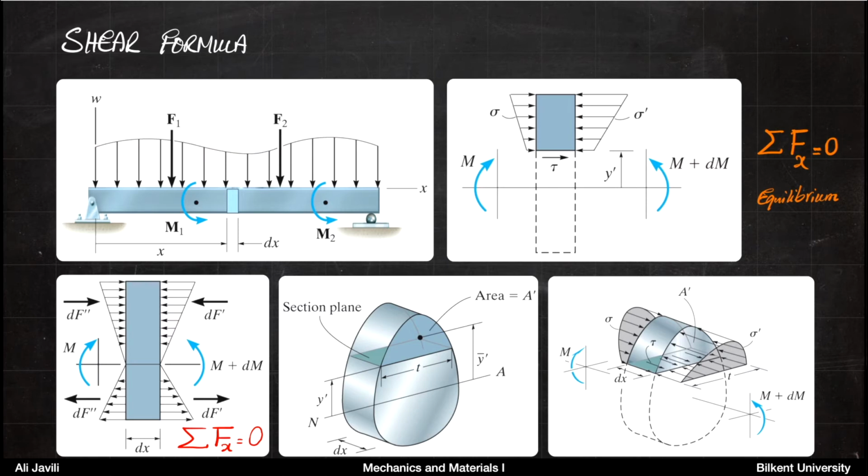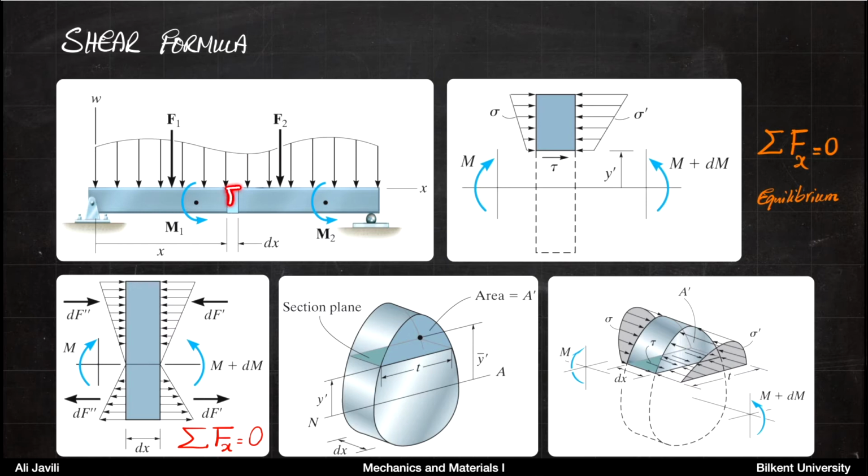What we want to do is to take a little incremental piece here with the width dx, enlarge that, and from the equilibrium of that piece, derive our equations.